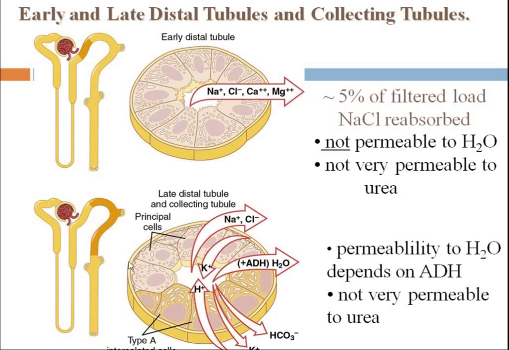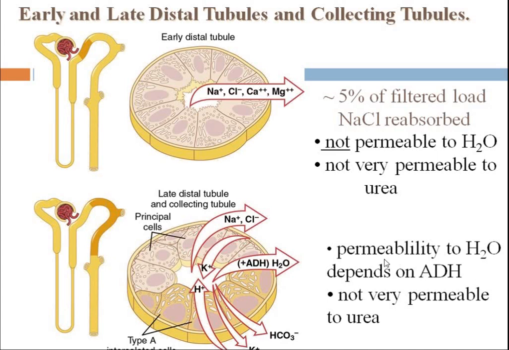So here in this portion, the late distal tubule and upper portion of the collecting ducts, that is the cortical portion of the collecting ducts, is permeable to water, but this permeability will depend upon the amount of ADH. I hope you remember what ADH is, antidiuretic hormone.